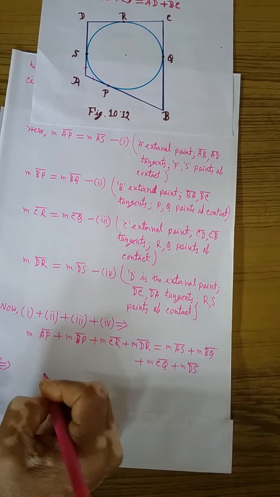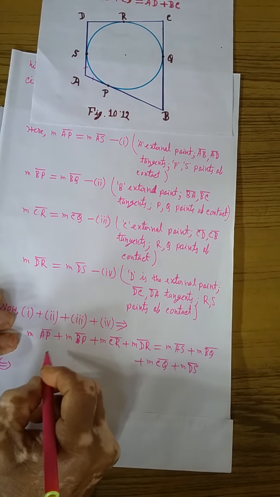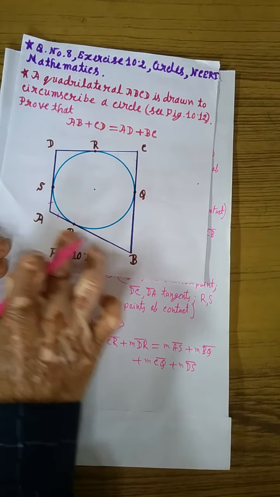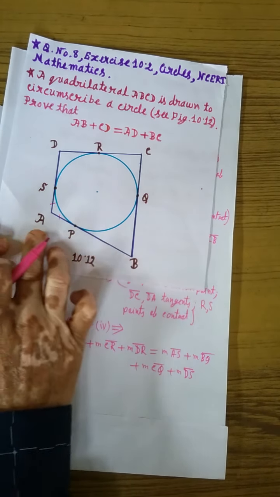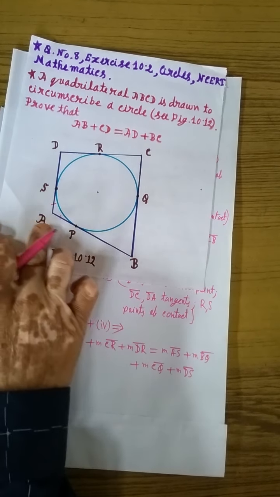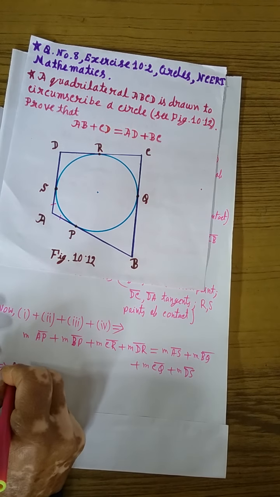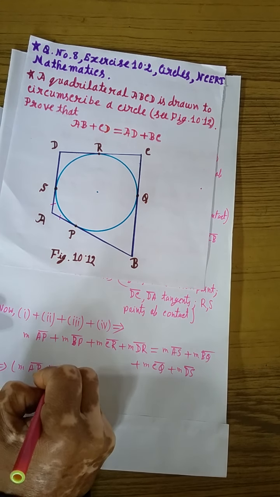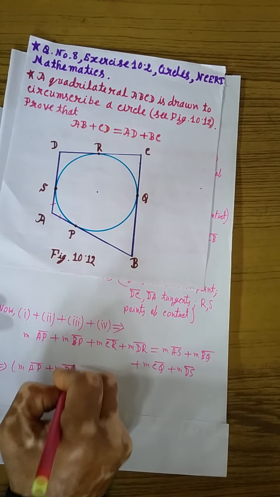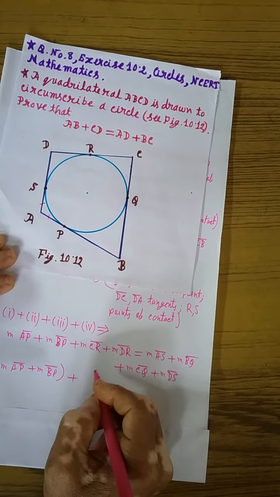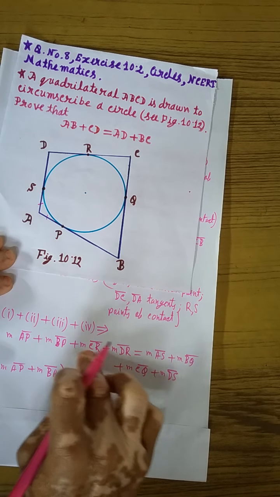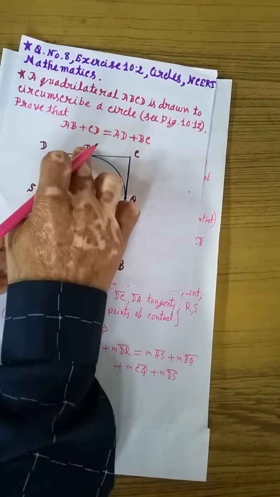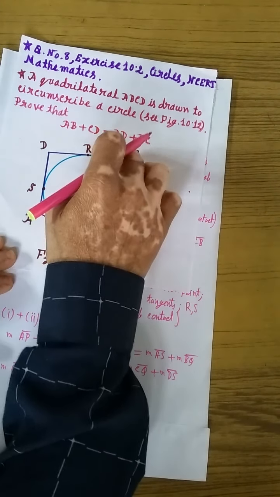That again implies, now let us combine these two terms, measure of AP plus measure of BP, just to get the measure of the side AB. And again let us combine these two terms, measure of CR, which is this one, plus measure of DR, which is this one, just to get the measure of CD.